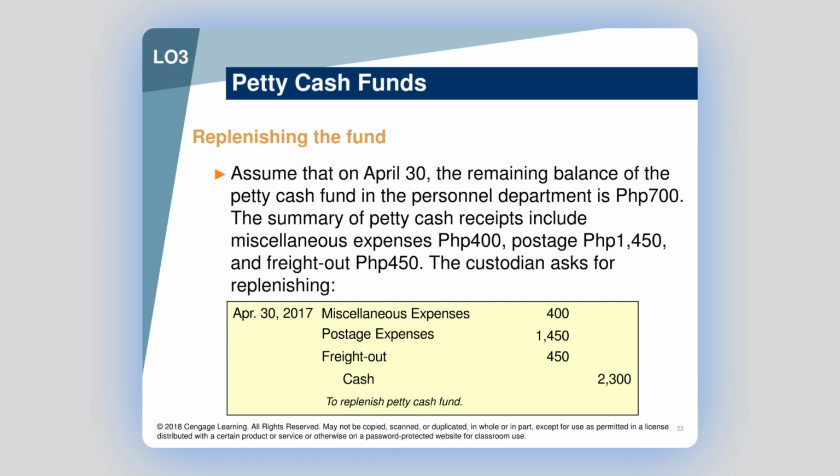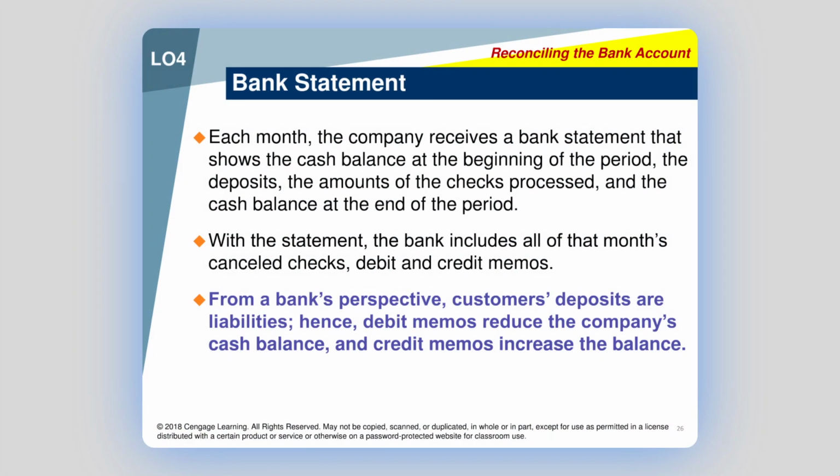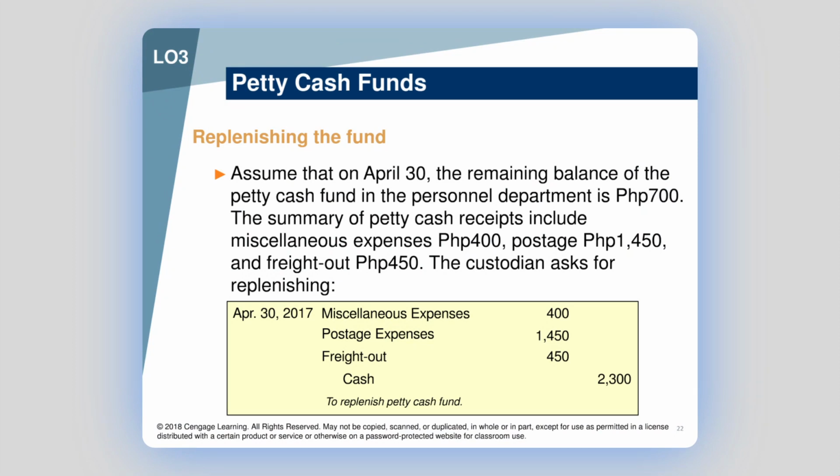Class, if you notice, the credit is cash, not petty cash, so it is not confusing. You debit miscellaneous expense, postage expense, and freight out, then credit cash of 2,300. Hopefully you are still clear. Petty cash is debited only when establishing the fund, but upon replenishment, the credit is cash in bank.